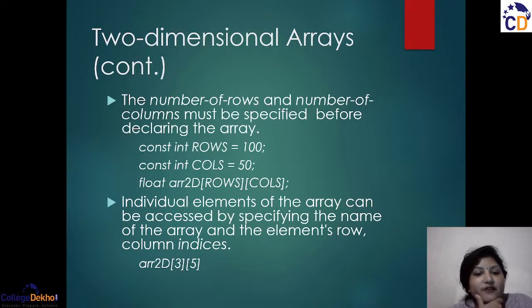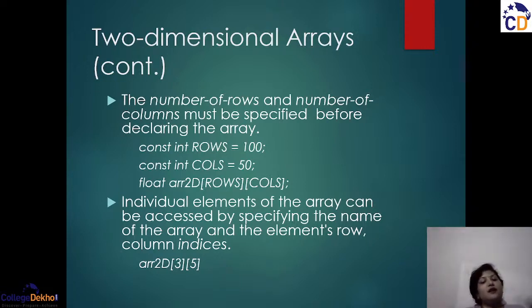After this, once we have defined this, individual elements of the array can be accessed. I told you how to access the index of the array, and how to access a particular item from the array by using indexing. So individual elements of the array can be accessed by specifying the name of the array and the element's row and column indices. Suppose I want to access the row as 3rd and the column as 5. So the syntax would be like this.